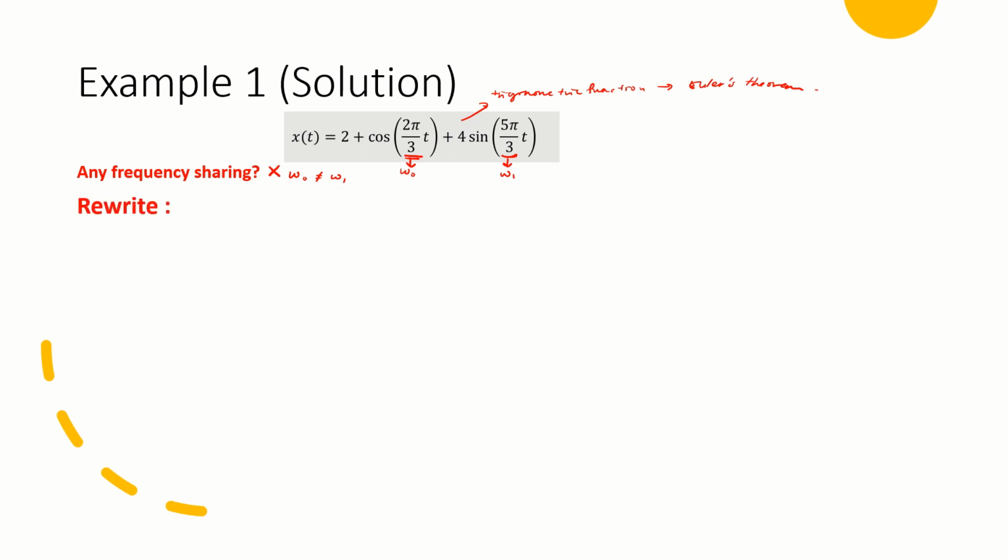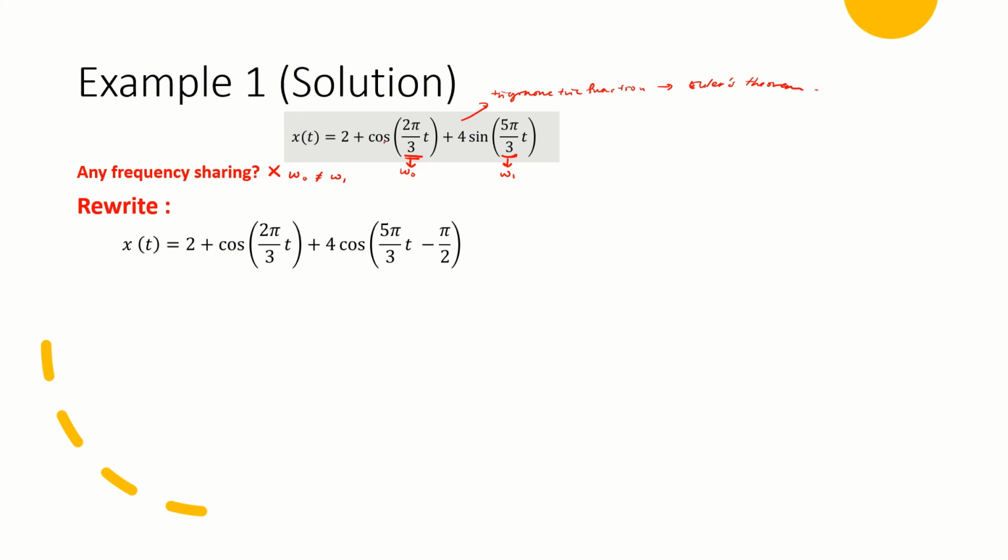And then next we have to rewrite the equation. So how to rewrite this equation? How to make it easier? First of all, we need to convert one of them. Either you convert cos or you convert sine using Euler's theorem, right?